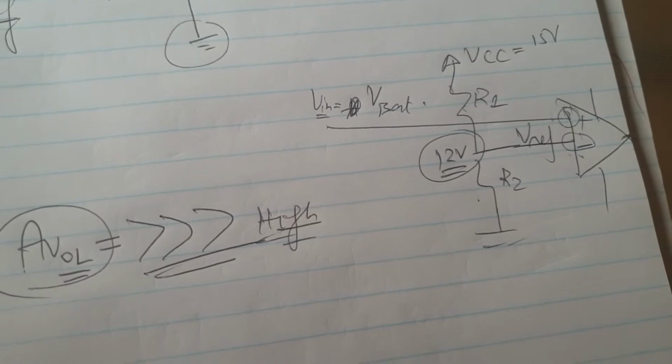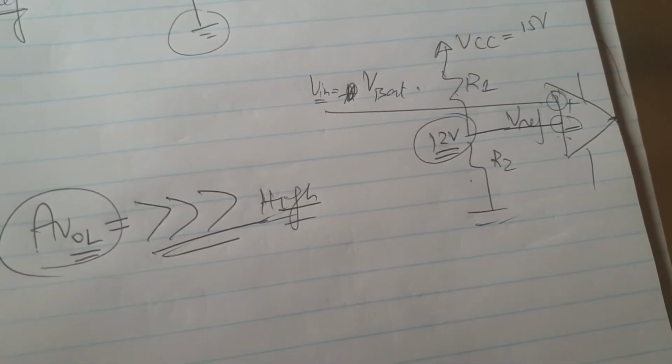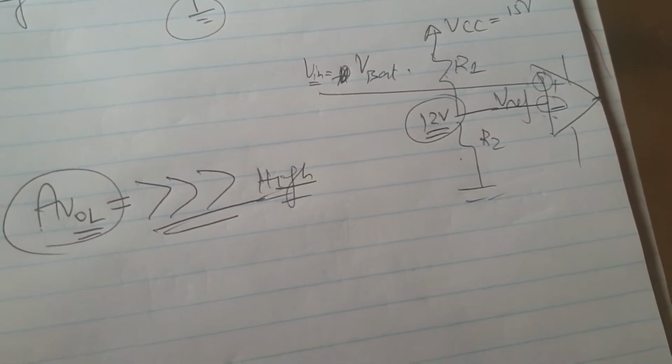Okay, so now what the operational amplifier will do, because the gain is so high, is that the output voltage will be limited by the supply voltage.